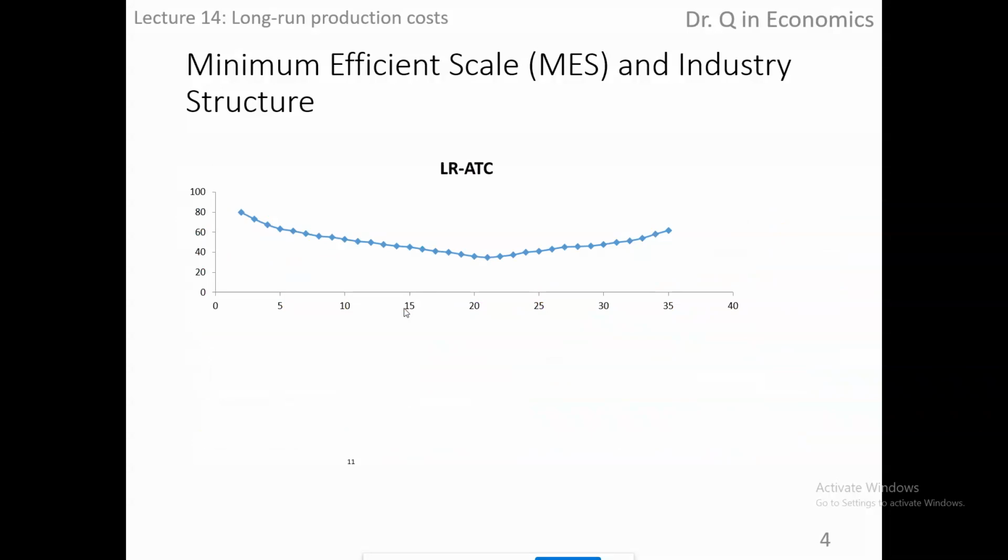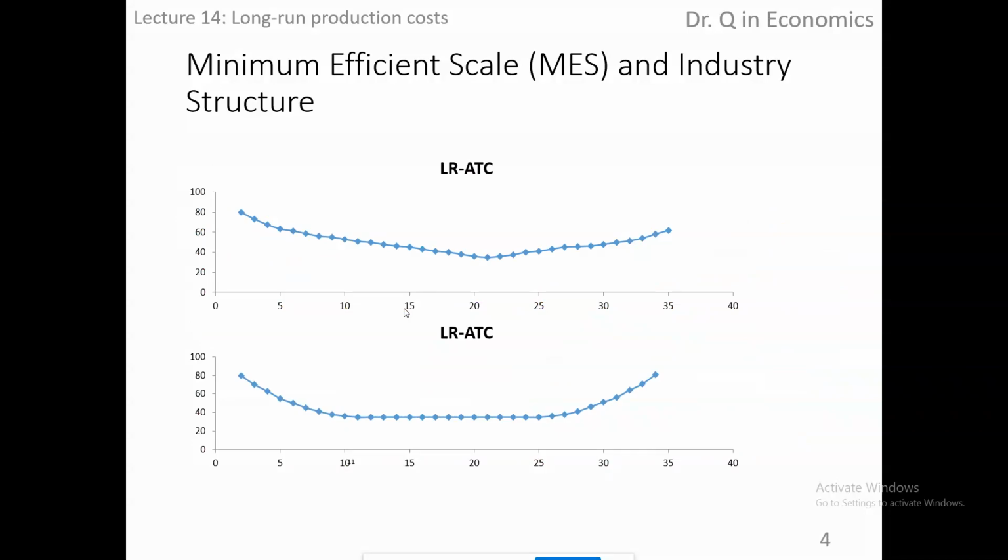Because as opposed to having one single firm size to minimize average cost, some industries may contain firms of very different sizes that are equally successful, because the nature of the industry results in constant returns to scale.